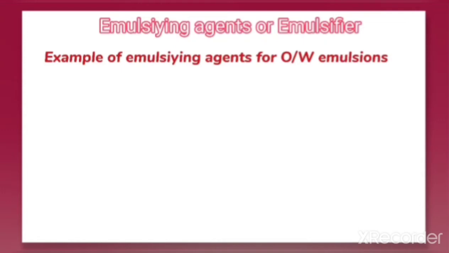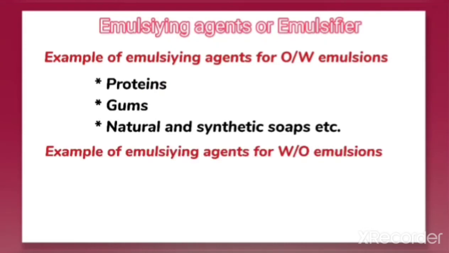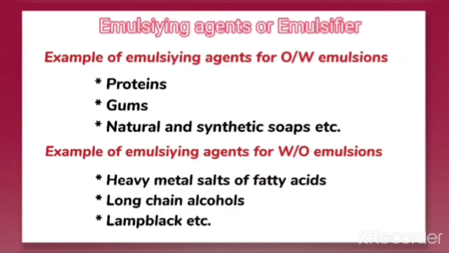Now let's discuss examples of emulsifying agents. Examples of emulsifying agents for oil in water emulsions are proteins, gums, natural and synthetic soaps, etc. And examples of emulsifying agents for water in oil emulsions are heavy metal salts of fatty acids, long chain alcohols, lamp black, etc. So these are the examples of emulsifying agents.